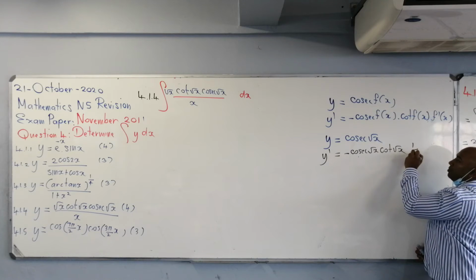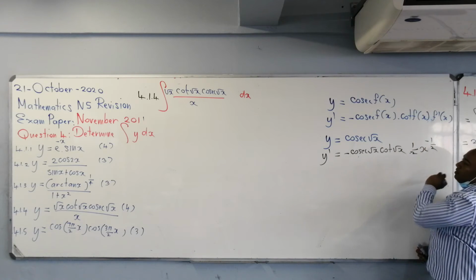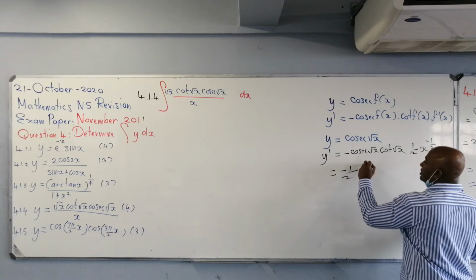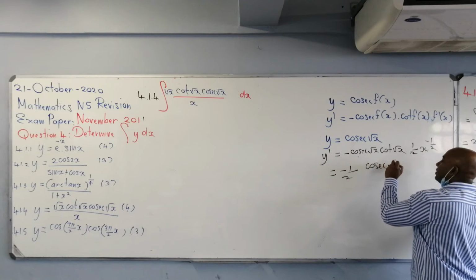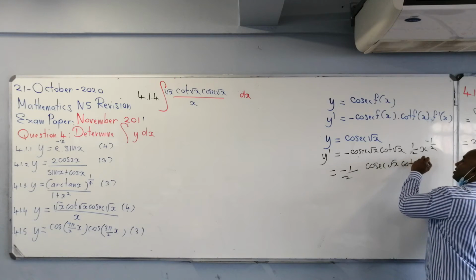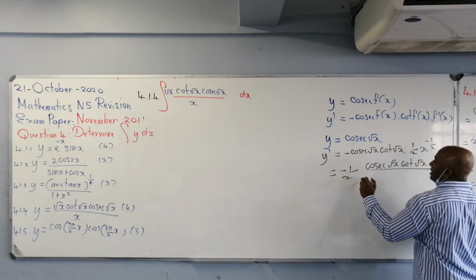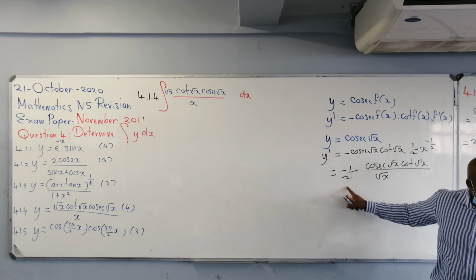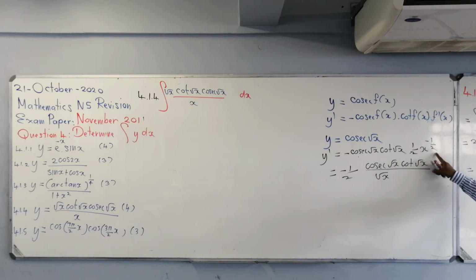So f prime x is going to be half x to the power minus half, which is the same as minus 1 over 2 cosec square root x cot square root x all divided by root x. There's my 1 over 2, there's my minus 1 over 2. You can see that I took x to the power minus half to the bottom, and it became positive x to the power half.